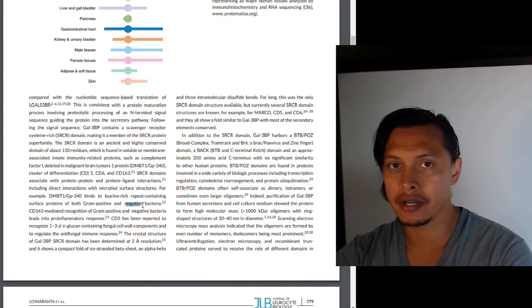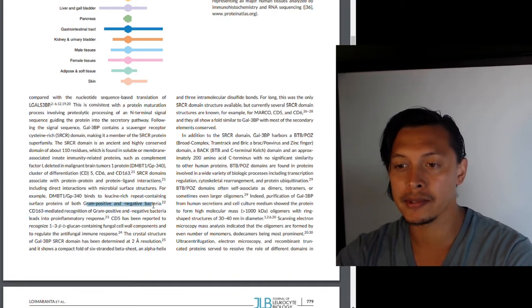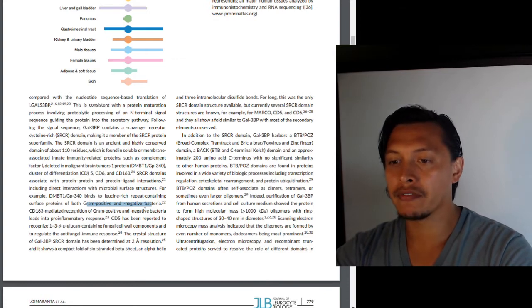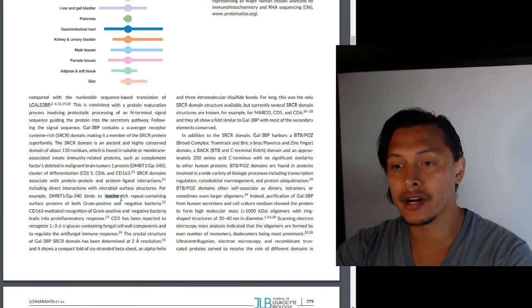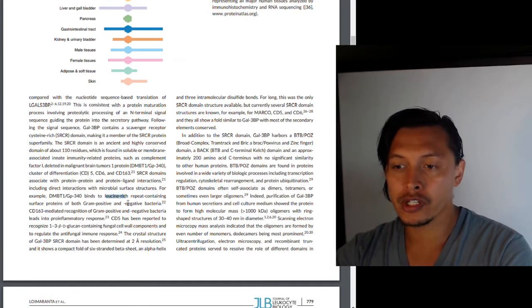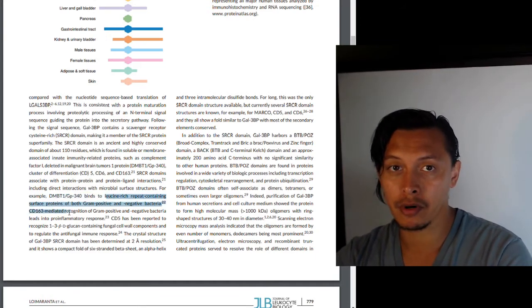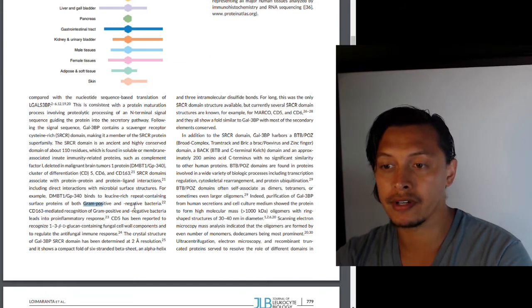Don't worry too much about that, just know that these are types of bacteria. Leucine is one of the amino acids, very hydrophobic. There will be leucine-rich repeat-containing surface proteins on both the gram-positive and negative bacteria.